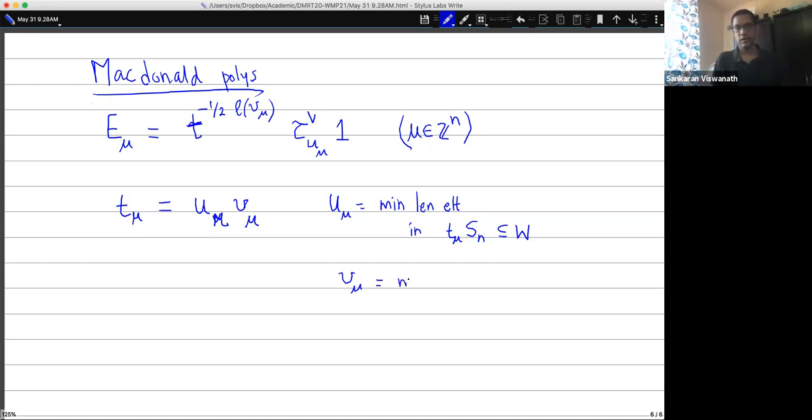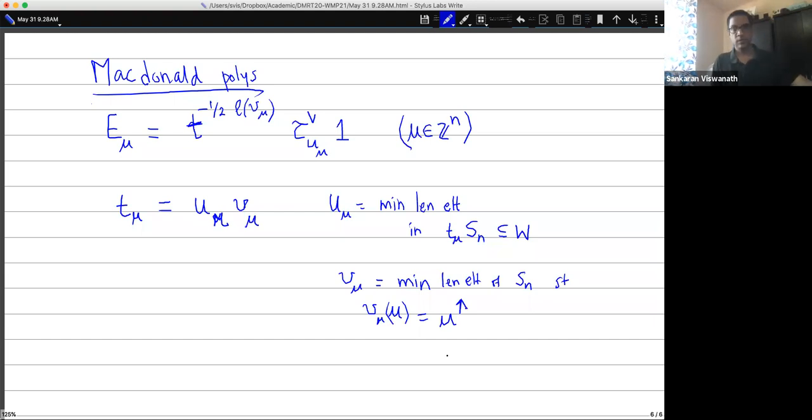It has an alternate description. It's the minimal length element of Sn which sorts mu in ascending order, such that v mu of mu is just mu sorted in ascending order. So this is the anti-dominant element of its Weyl group orbit.